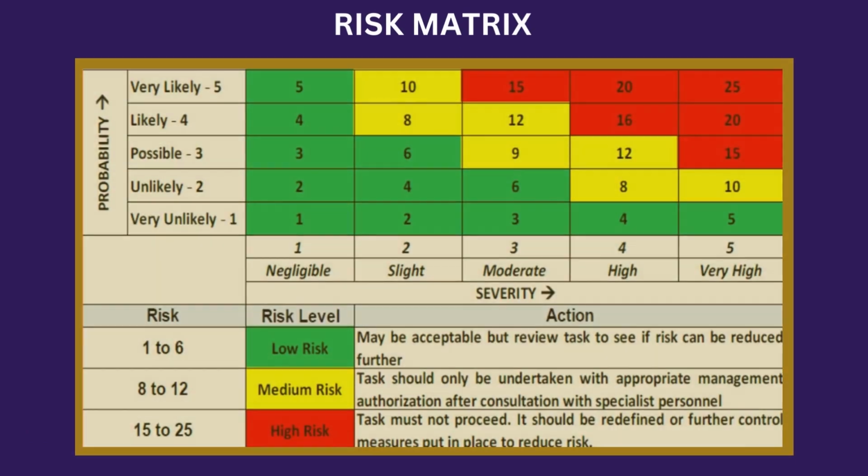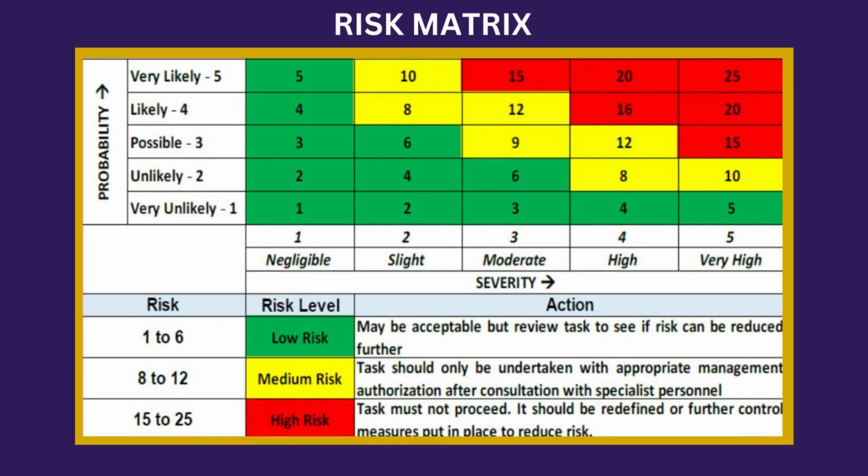Here you see the risk matrix. Basically, three things play a role in making this risk matrix. One is probability or the likelihood, which is there in the left top corner. Then the risk rating is given there.